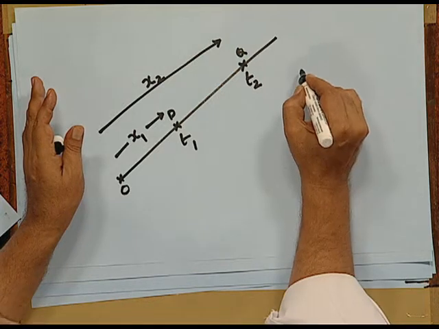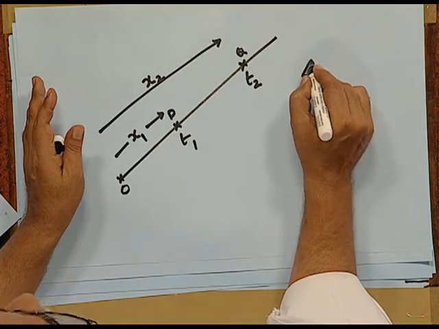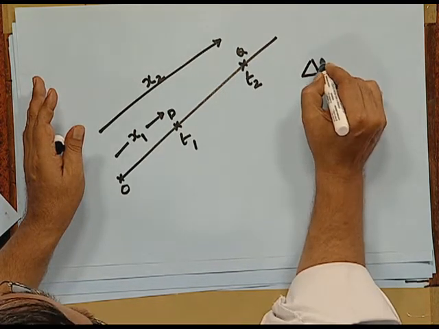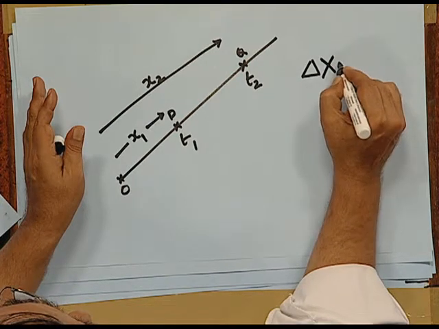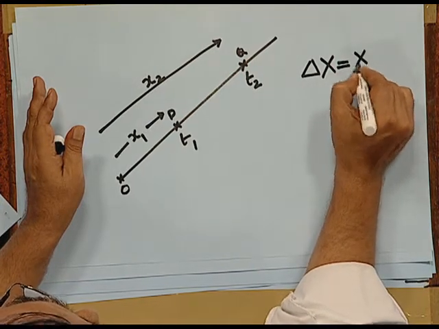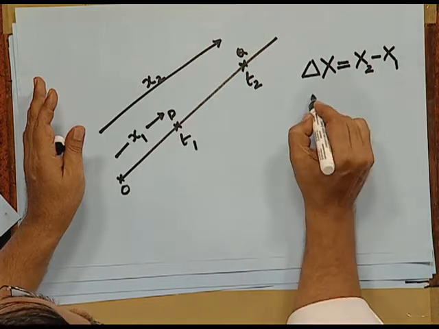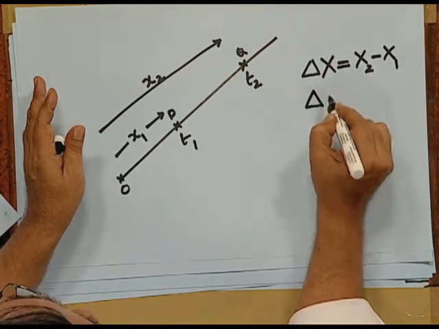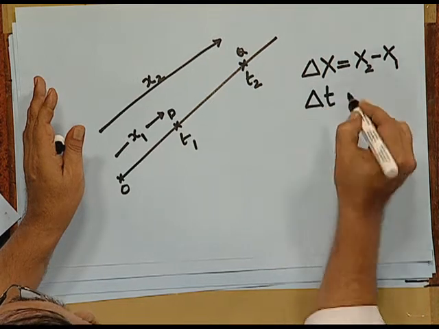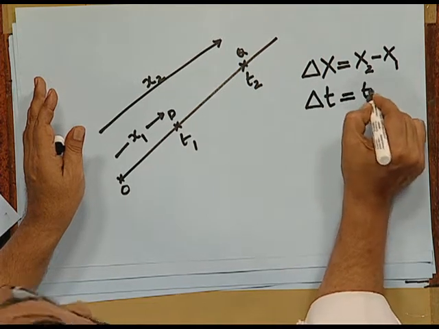When position goes on changing with time, say in the interval from t1 to t2, the object's position has changed from position x1 to x2. Then the change in position, which is represented here as delta x, which represents x2 minus x1, has occurred in a time interval which is represented by delta t here, which is t2 minus t1.